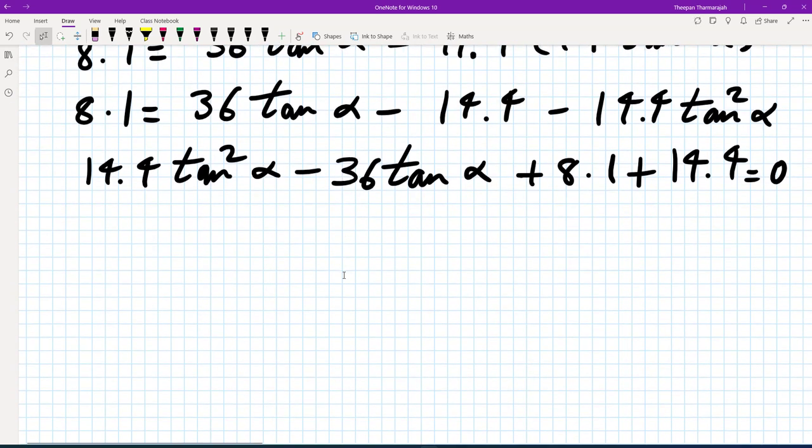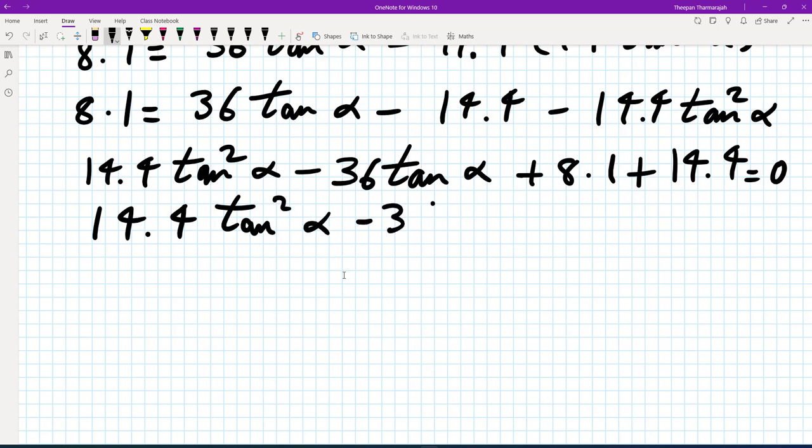Simplifying our quadratic down, we're going to get 14.4 tan squared alpha minus 36 tan alpha.